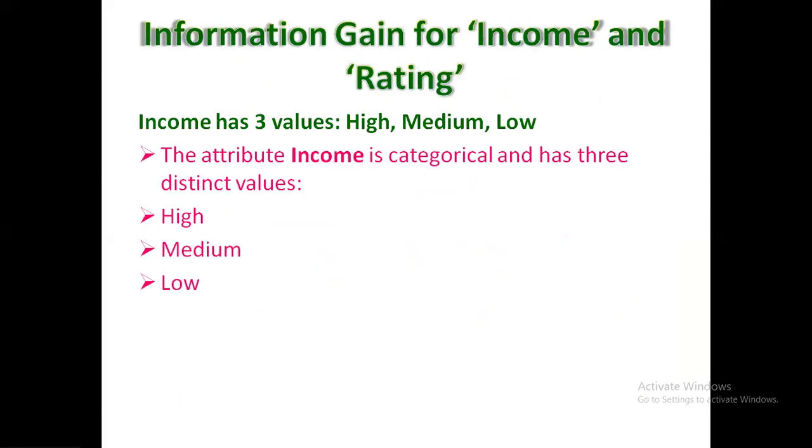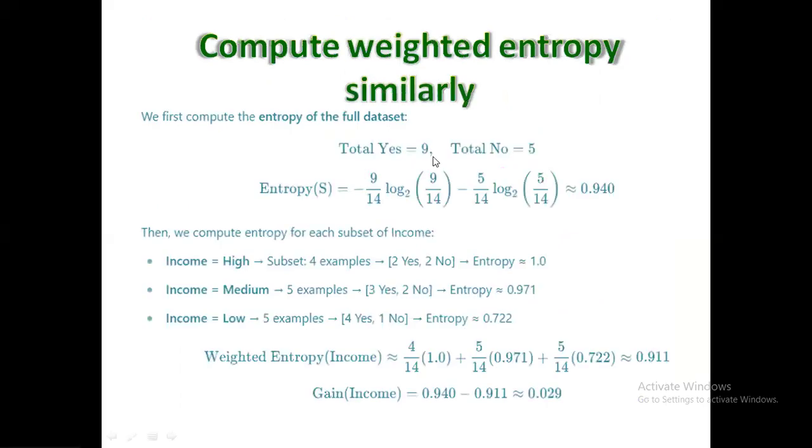So income is categorical and has three distinct values: high, medium, low, and the total is 14. Here, this is the full data set for your understanding, I have written it over here. Income high, subset 4 samples, 2 yes 2 no, and the entropy is 1.0. Similarly for income medium, 5 samples, entropy 0.97. And income low, 5 samples are there.